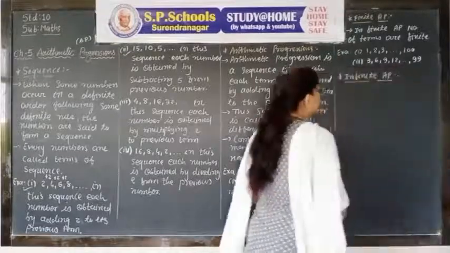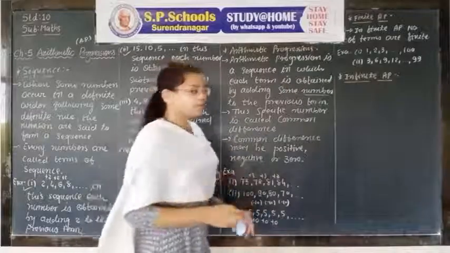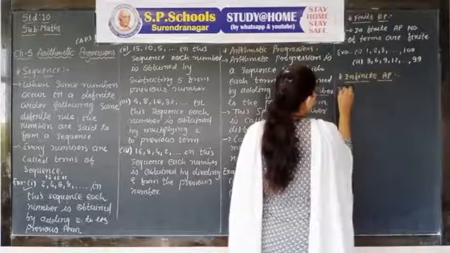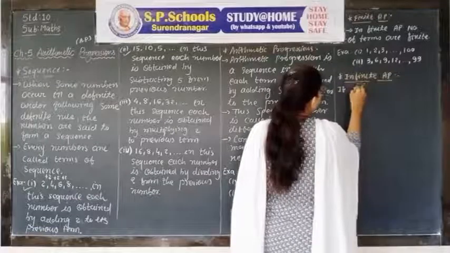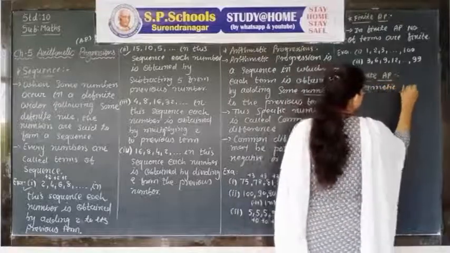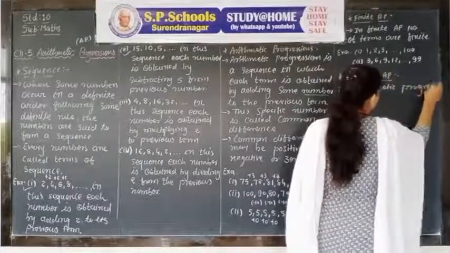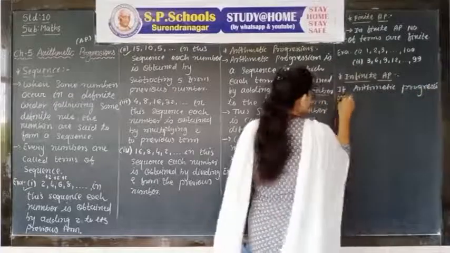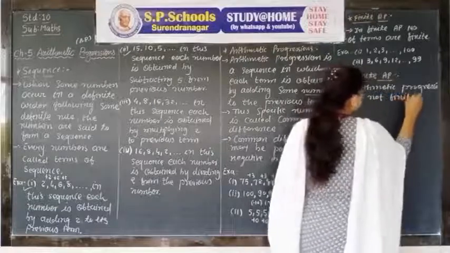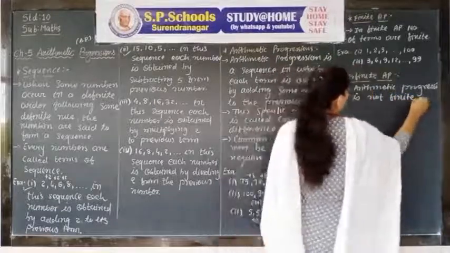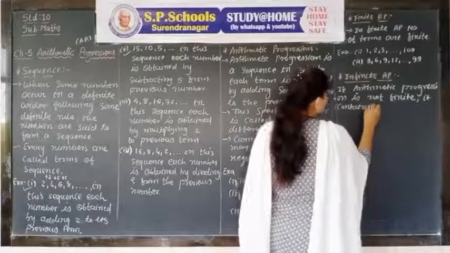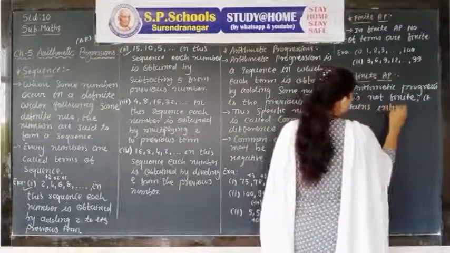In the infinite AP, there are lots of numbers and it can't be finite. If an arithmetic progression is not finite, it contains infinite terms.